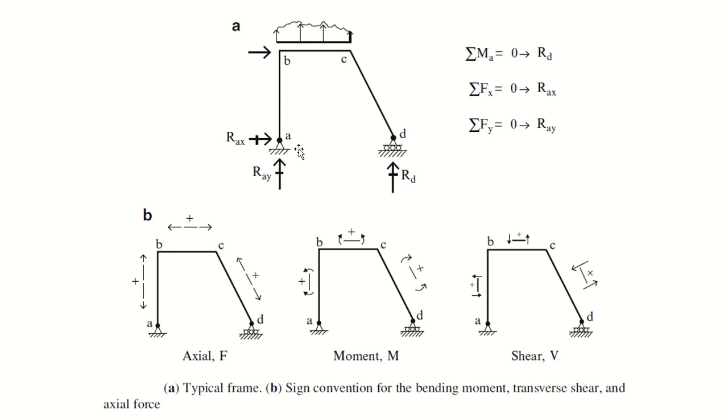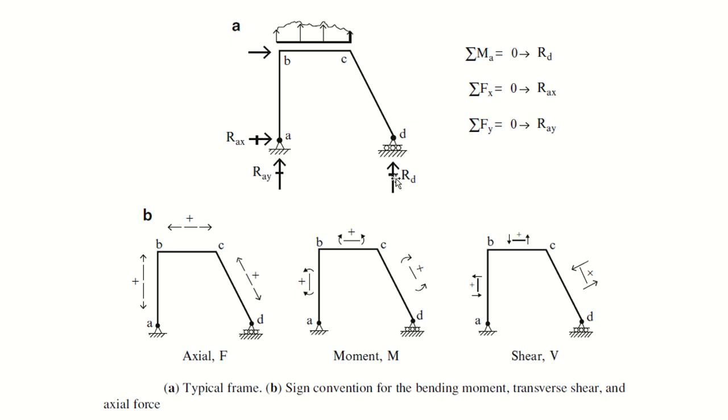Now, as you know, D is a roller support and it gives only one reaction in the vertical direction, and A is a hinge or pin support and it gives two reactions, one in the vertical direction and the other in the horizontal direction. So RA in X direction and RA in Y direction are two reactions, and RD in Y direction.